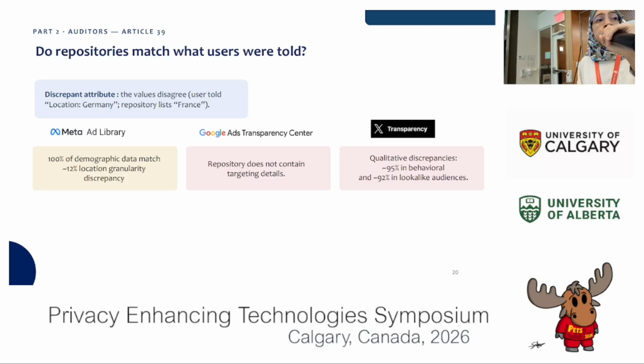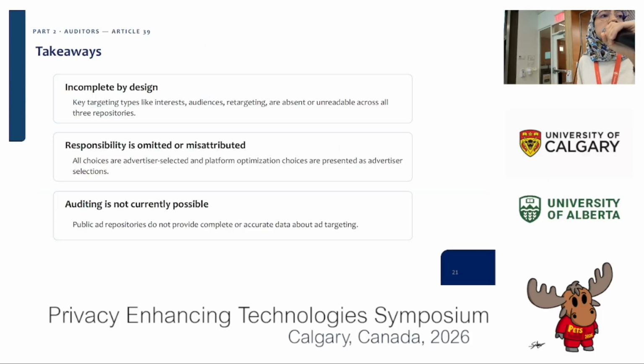And on X, there are a lot of discrepancies, where a big chunk of tokens that are shown to users appear differently in the ad repository. For example, saying to users that this ad is based on computer science, whereas in the ad repository they say data centers or laptops.